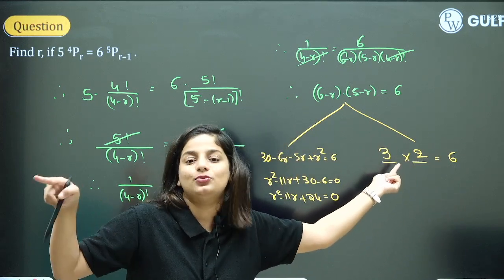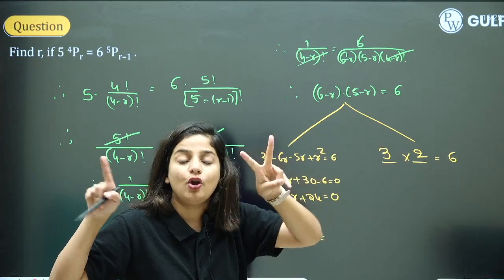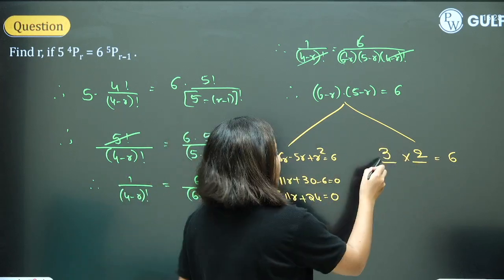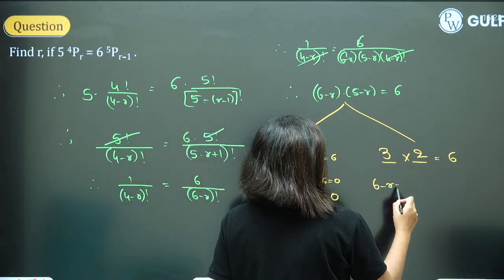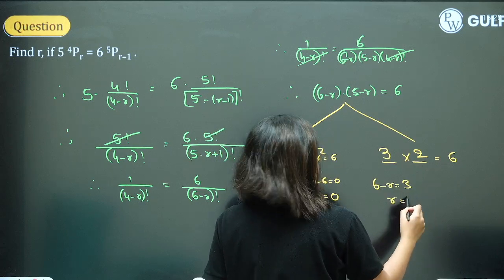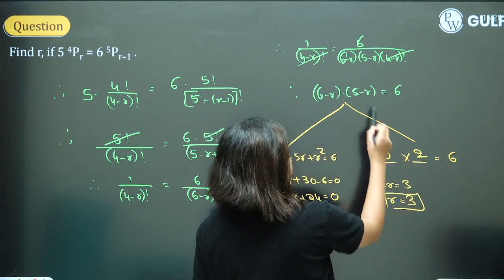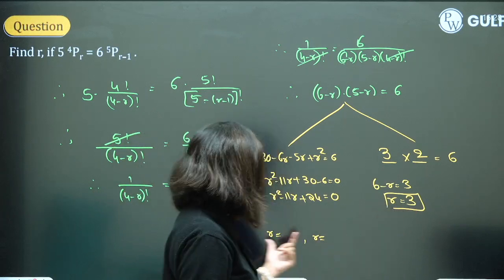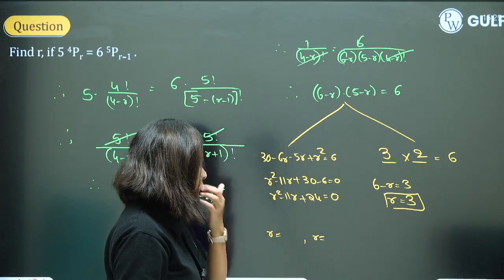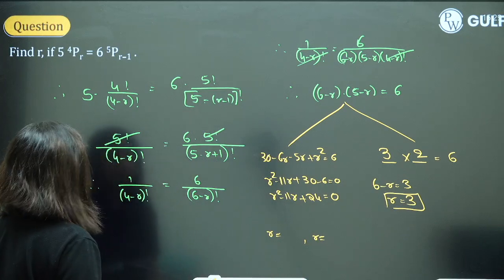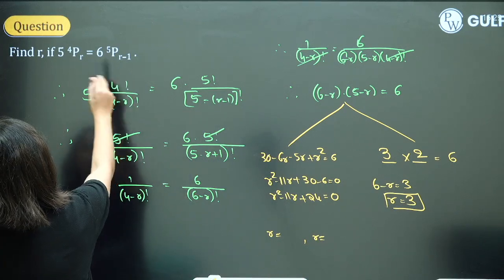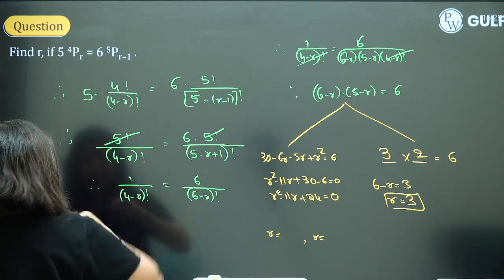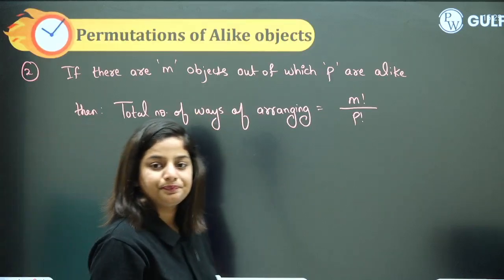You will say, ma'am, 6 ones are 6. But 6 and 1 are not consecutive. So 3 into 2, this 3 is equal to 6 minus r, r can be equal to 3. Or you can also compare 5 minus r equal to 2, r again comes out to be equal to 3. So when you solve this, the value of r is 3. 4P3 equal to 6 times 5P(3 minus 1).